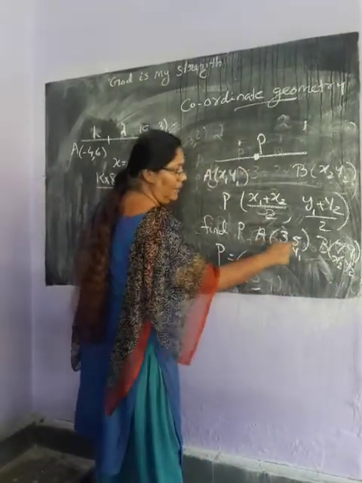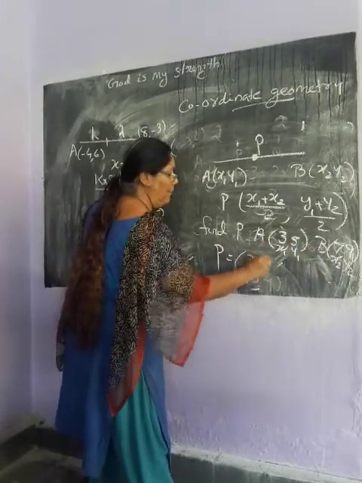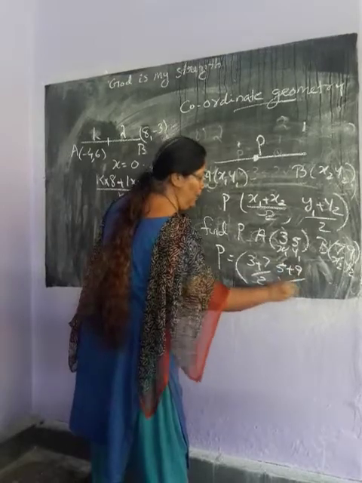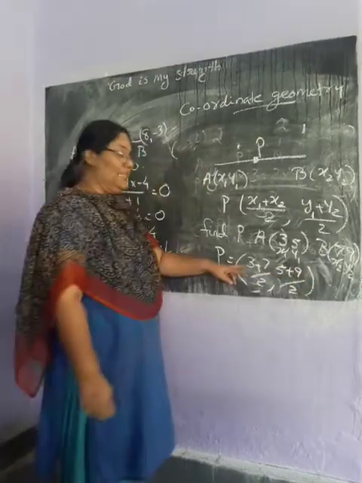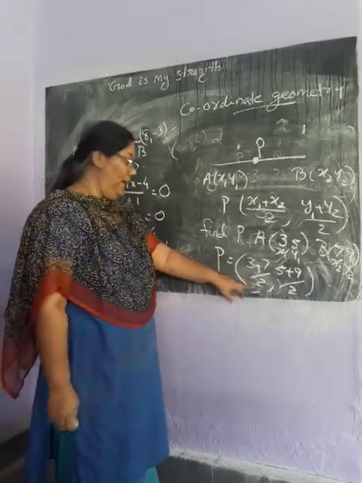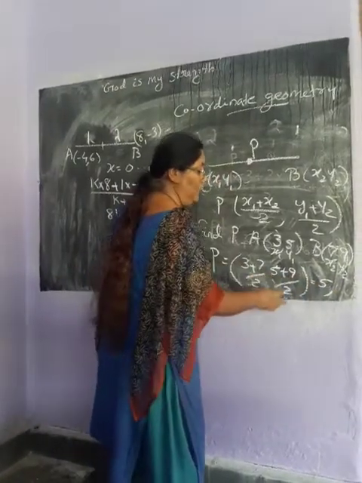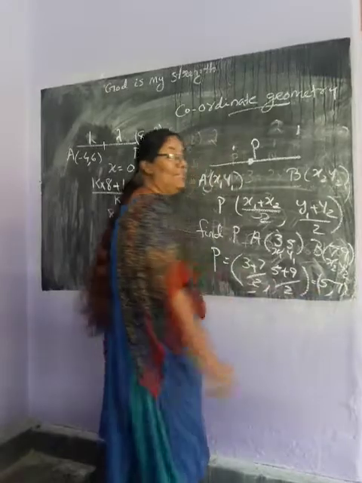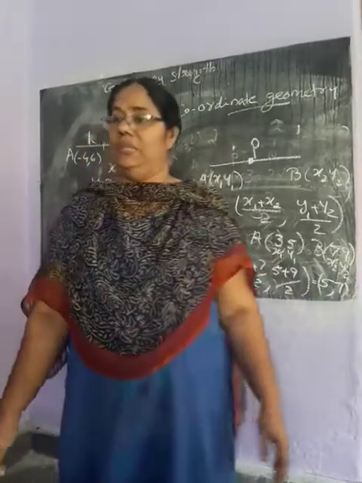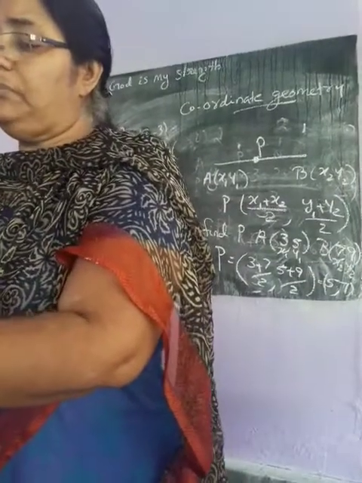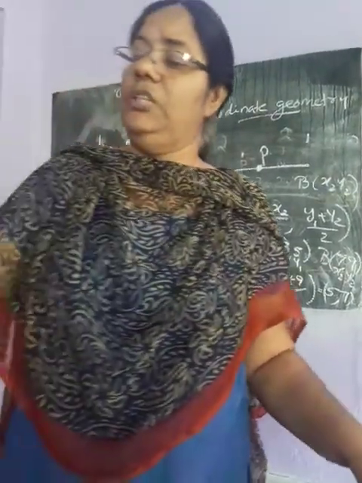Then what is 3 plus 7? 3 plus 7 by 2, comma, 5 plus 9 by 2. 7 plus 3 is 10 by 2, which is 5. 9 plus 5 is 14 by 2, which is 7. Therefore, the answer is 5, 7.